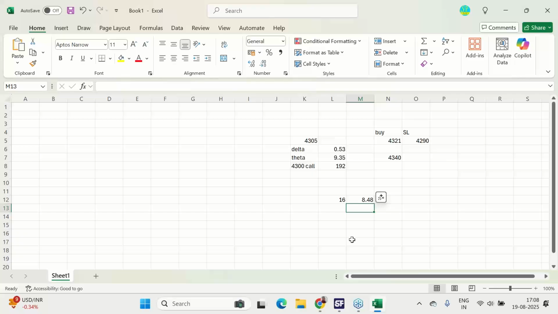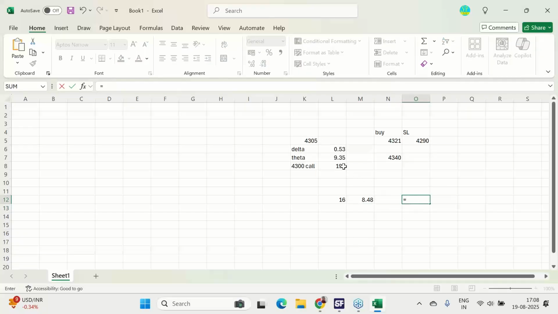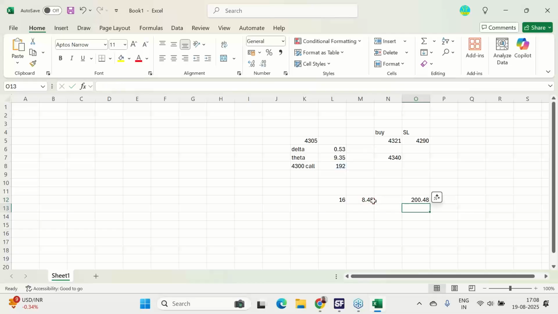So if we wish to buy this call option, we must buy at 192 plus 8, which is around 200.50.